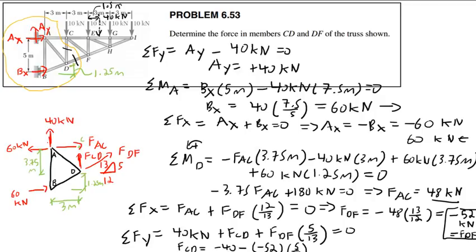So then negative 4 times 5 is 20, so negative 40 plus 20, so negative 20, right? Negative 20 kilonewtons compression equals FCD. And there you have it.